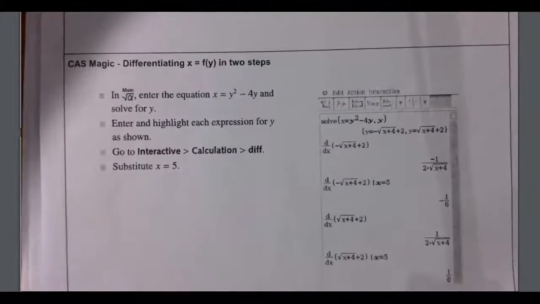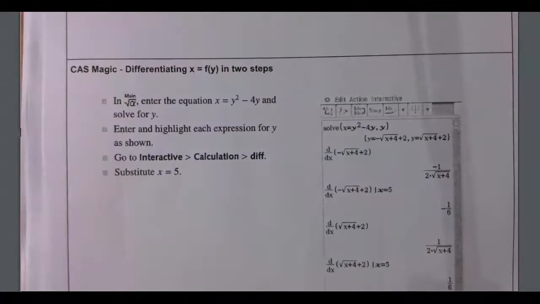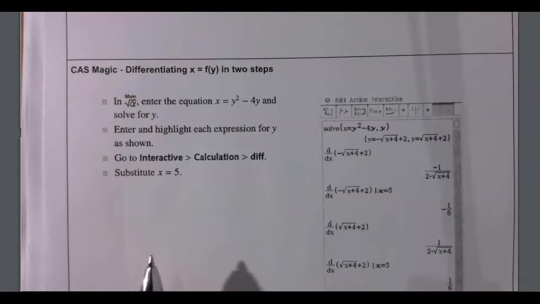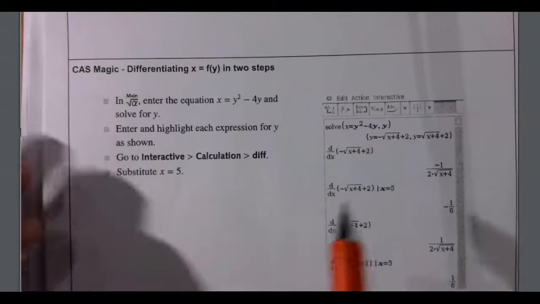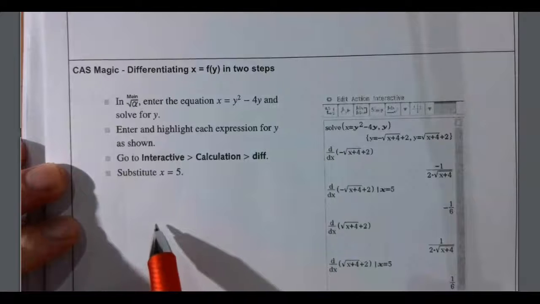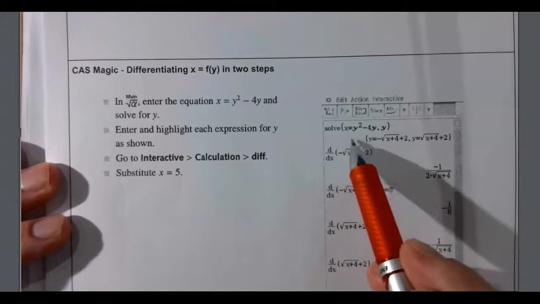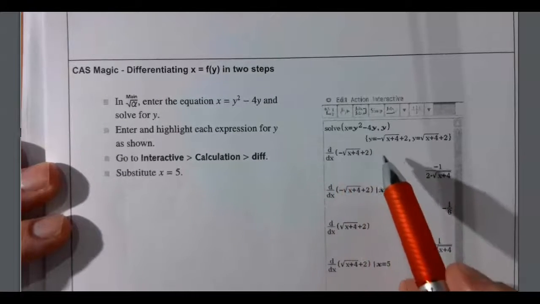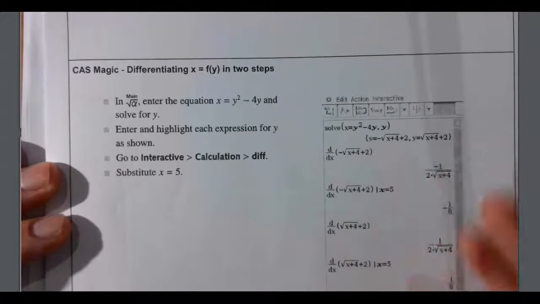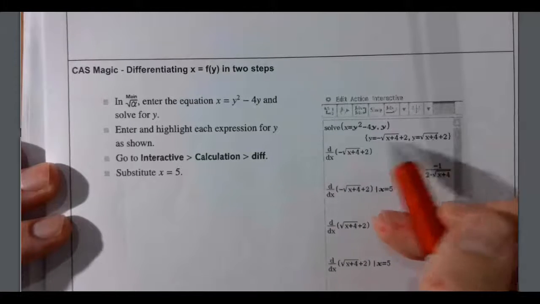Before we skip on, like I said, kind of a shorter video today, I just want you to look at how your CAS calculator can help you with questions like this, and in particular just to stress that we do have to break things down into a couple of steps on the Casio. So in order to answer a very similar question, the first thing that we would do here is solve the equation for y, giving me those equations of the 2 branches.